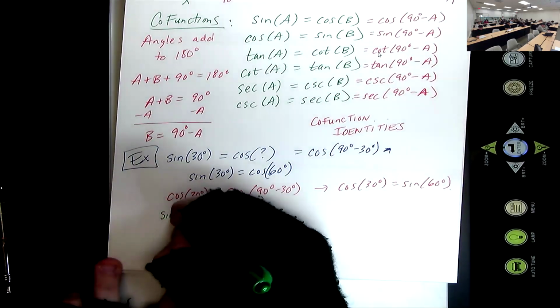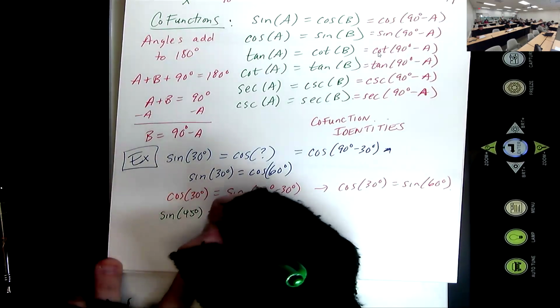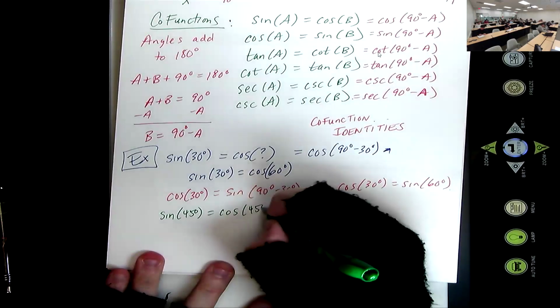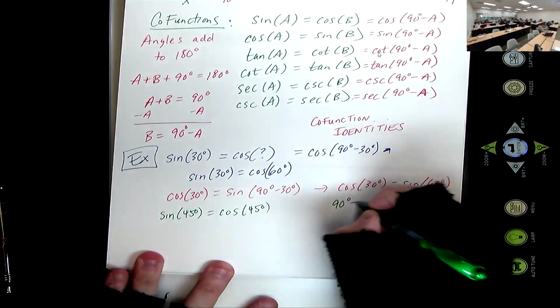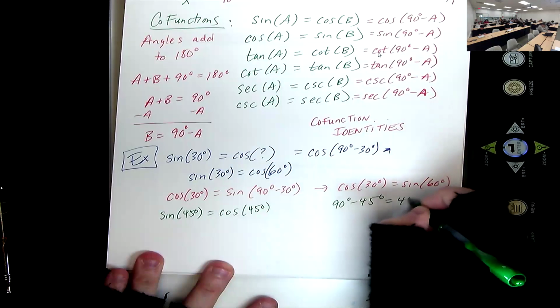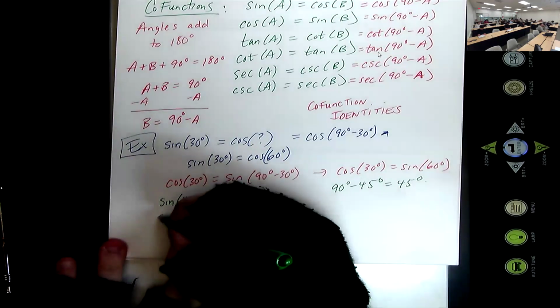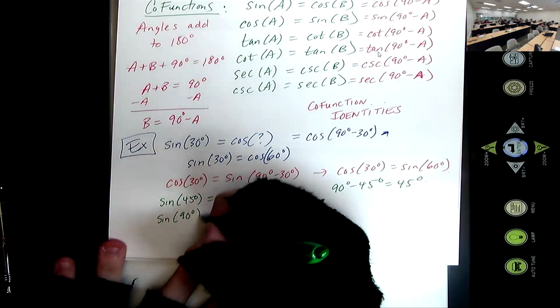If sine is 45 degrees, what do we get for cosine? 45. 90 minus 45 is 45. If sine has 90 degrees, what does cosine equal?